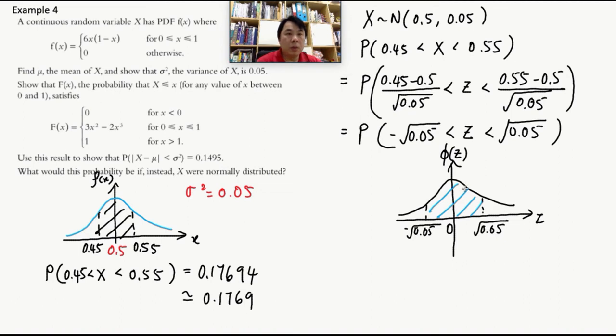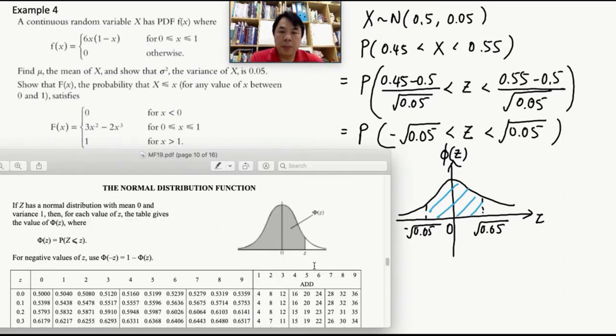And because it's a normal distribution, both of these regions are symmetrical, so the area should be the same in this case. Right? Okay, now this is our data booklet. Depending on the z distribution functions that you are referring to, there are many versions of this normal distribution table that you can get online.